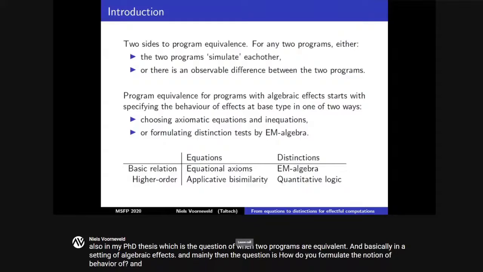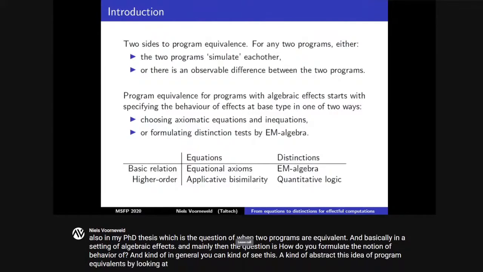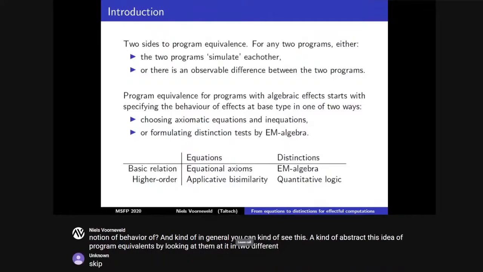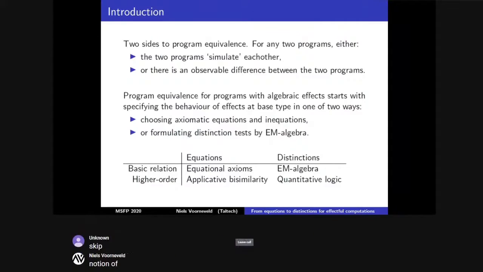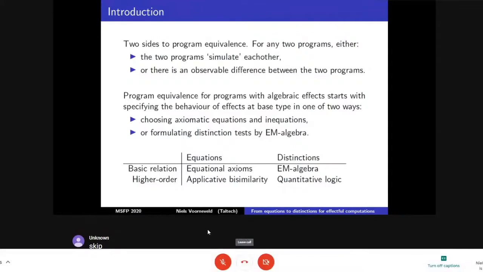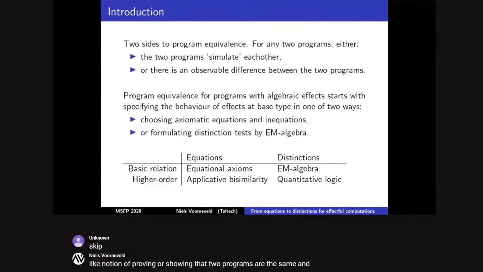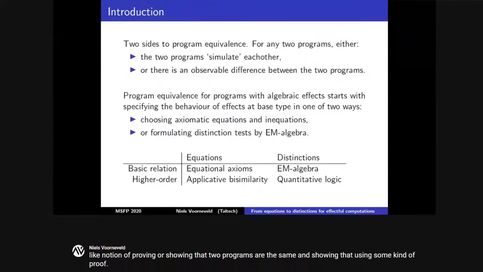In general, I abstract this idea of program equivalence by looking at it in two different ways: the notion of proving or showing that two programs are the same, and showing, using some kind of proof, that two programs are different.